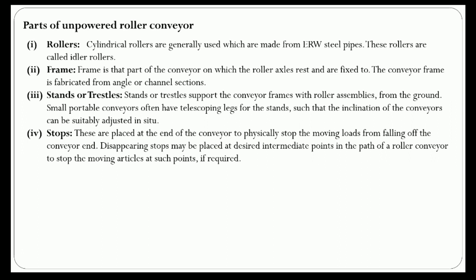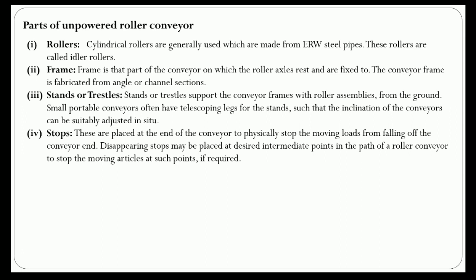In the case of small portable conveyors, telescoping legs are also available for the stands, and a number of features can be incorporated in an unpowered conveyor to satisfy different functional requirements. Based on these types of stands, double row roller conveyors, curved section conveyors and switches are specially designed.